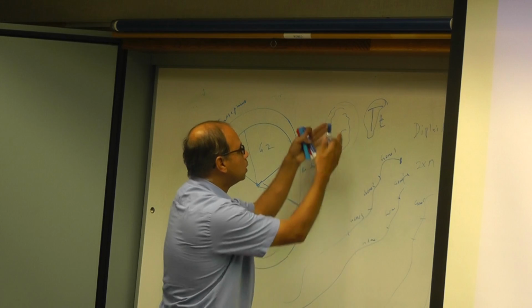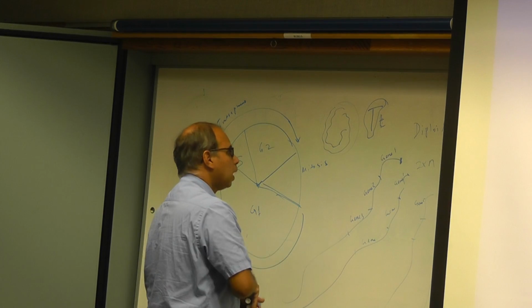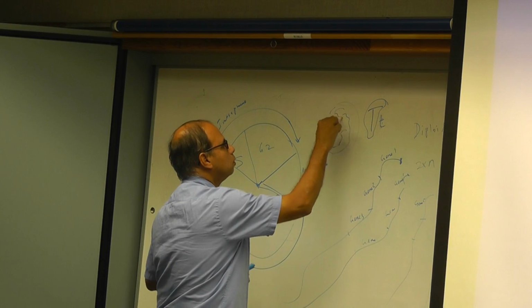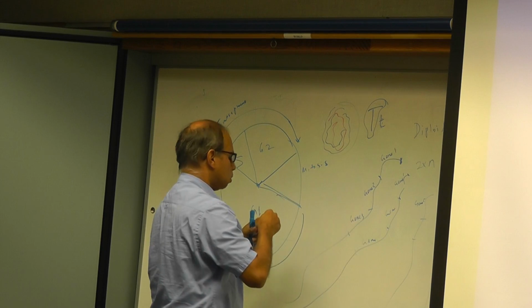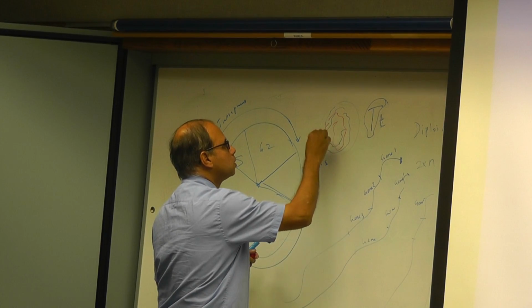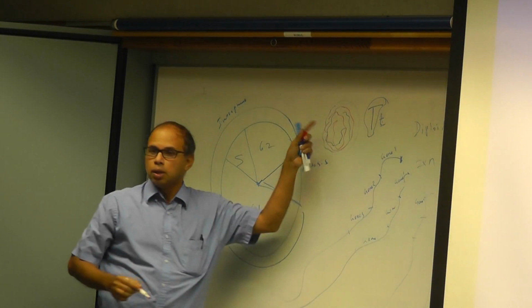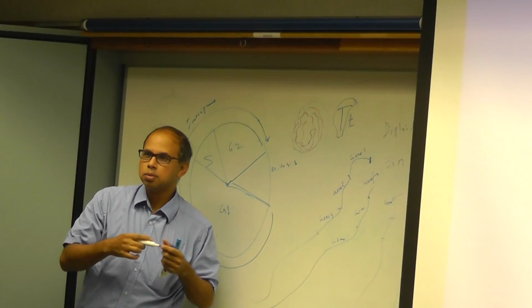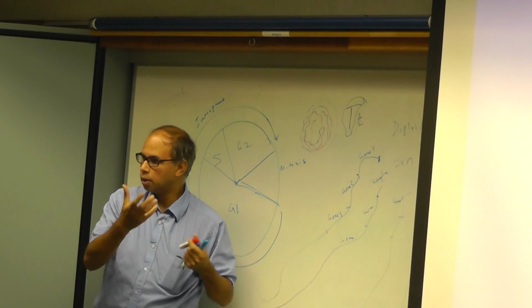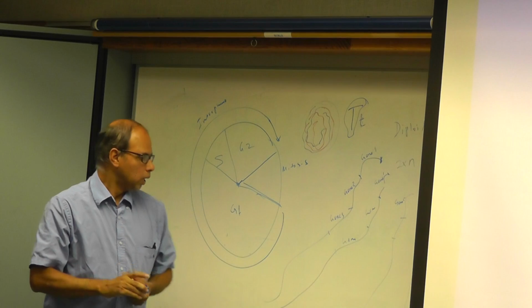Basically, this is one pair, and then you probably would have another pair like this, right? They're all kind of wound up like coils of hair, okay?